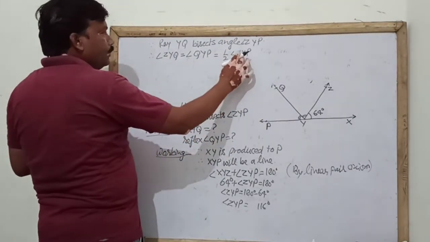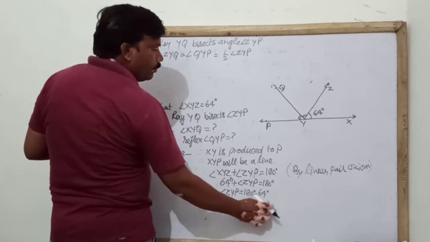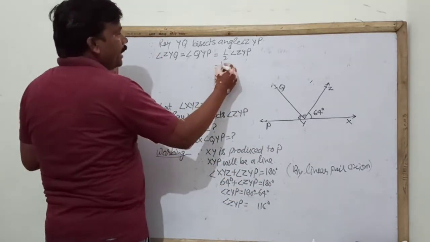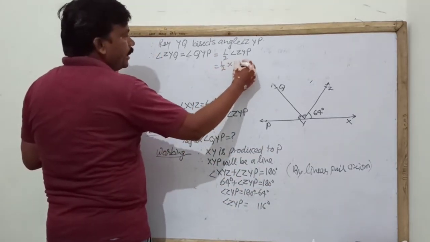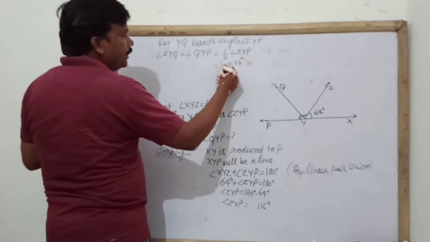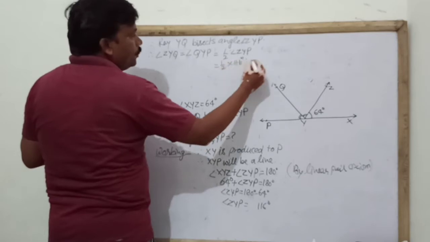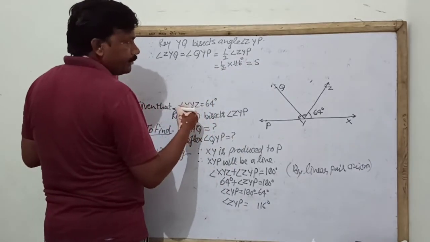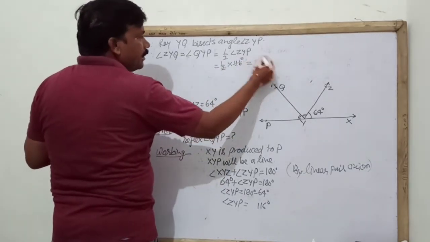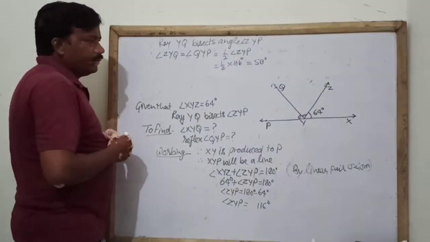Now we put the value of ZYP which we have found. Then 1/2 multiplied by 116 degrees, the answer is 58 degrees.